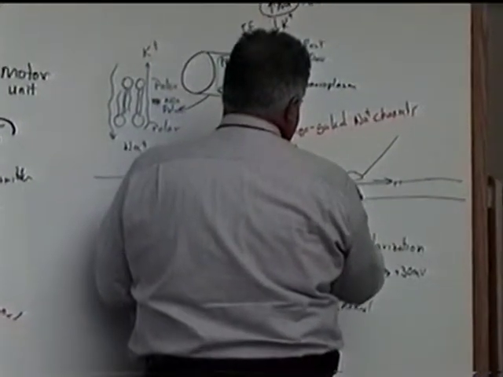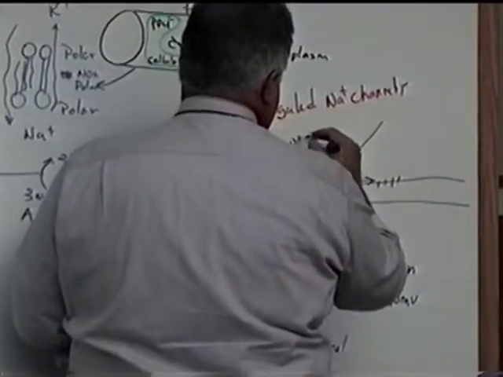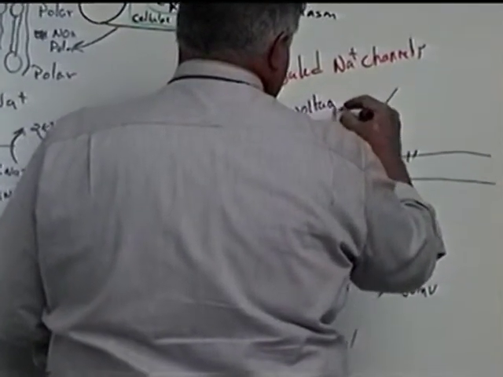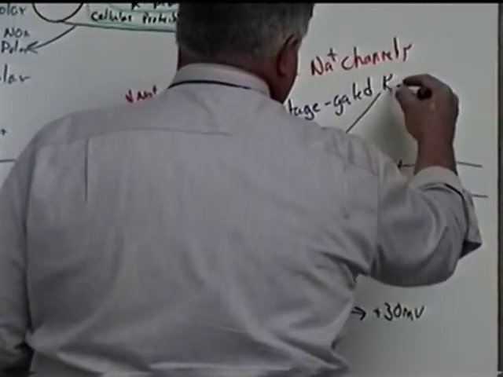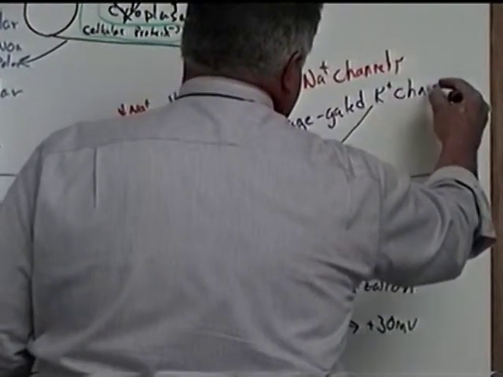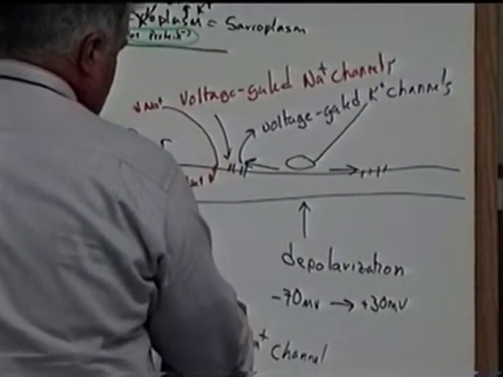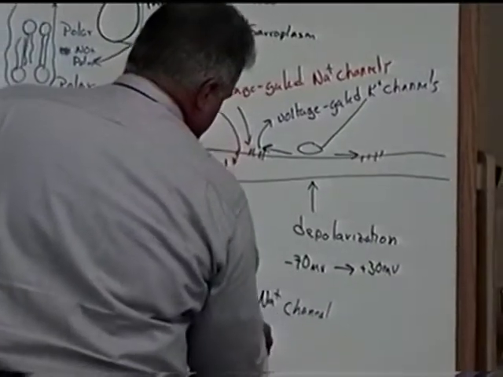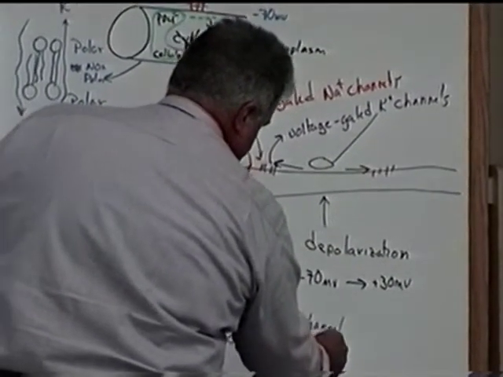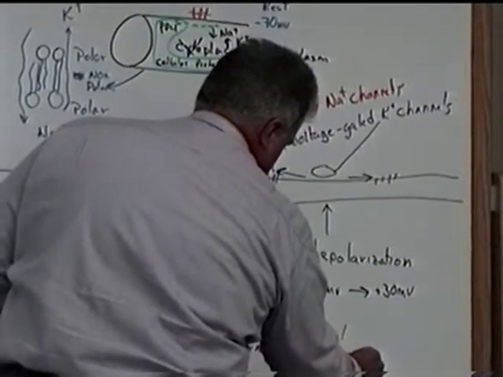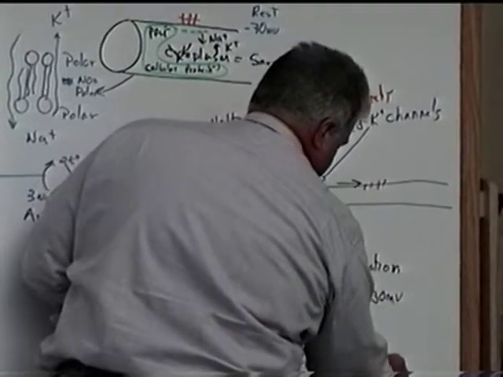So now I have other channels mixed in with these, which are voltage-gated potassium channels. And what happens is plus 30 closes my sodium channels but opens my potassium channels. And so that's going to initiate a repolarization.